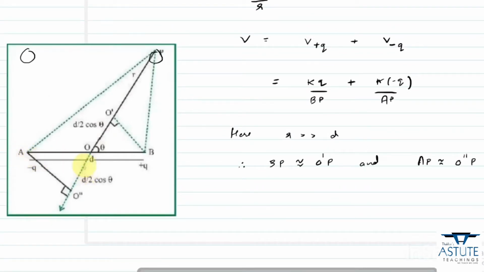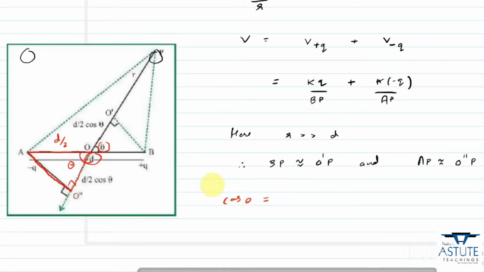Next we have to find out the value of O dash P and O double dash P. So for that we'll consider the triangle A, O double dash and O, and I'm using a red marker for highlighting that triangle. So this is the triangle under consideration. d is the total distance, so the half distance will be d by 2, and since this angle is theta, this will also be theta, vertically opposite angles, right? Next we can find out the value of cos theta, that will be adjacent side upon hypotenuse.